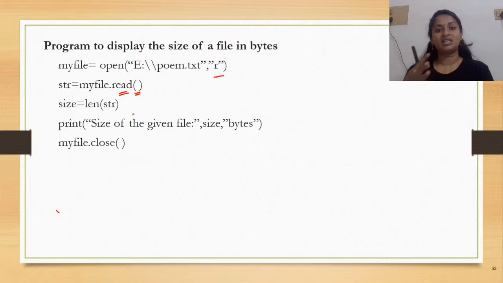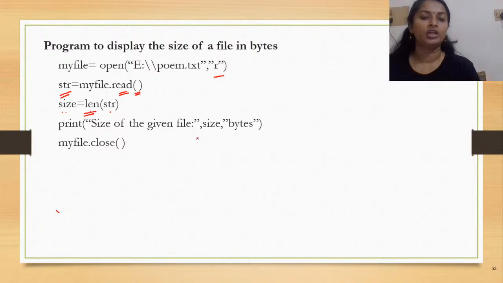Irrespective of the size of the file, the entire file is going to be read, so that many bytes are going to be stored in your variable str. What would be the default data type of the variable str? It is string, right? Now, what does len do? Len is actually giving the size, and now it is a numerical value. You can store it in the variable size. All you need to do is print the value of size onto the screen.